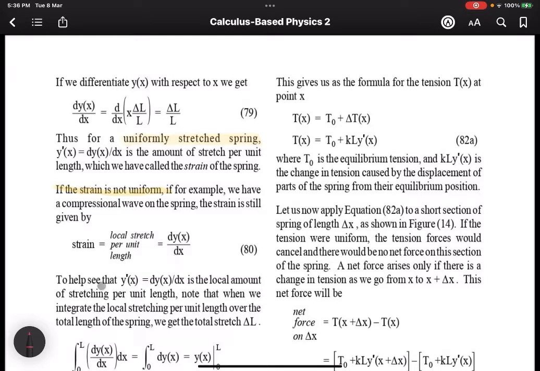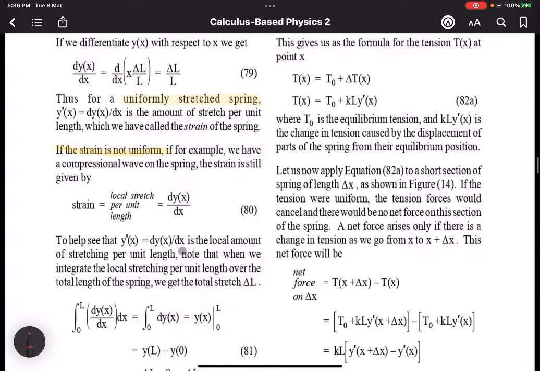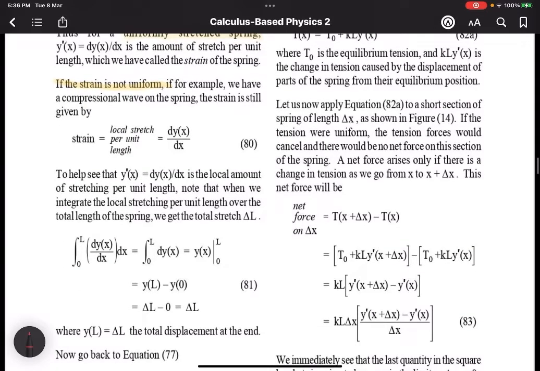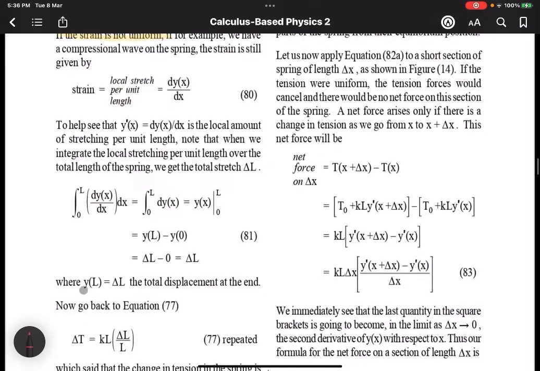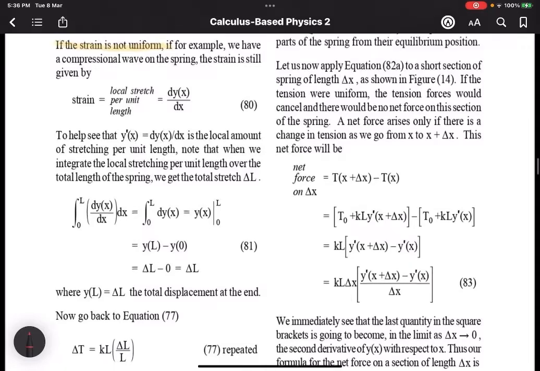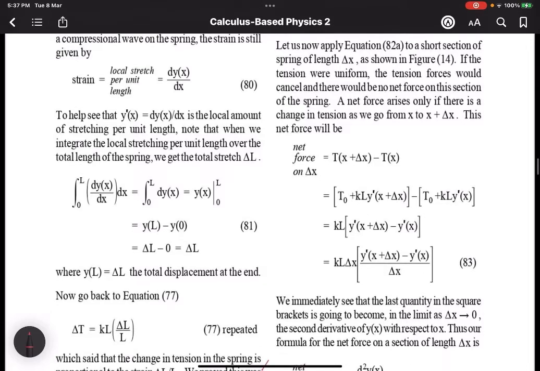Okay? So, to see that dy(x) over dx is a local amount of stretching per unit length, we will have the following derivation, no? Where y(L) is equal to the change in L, the total displacement at the end. So, ito yung makikita nyo sa video as it moves back and forth. That is the displacement.